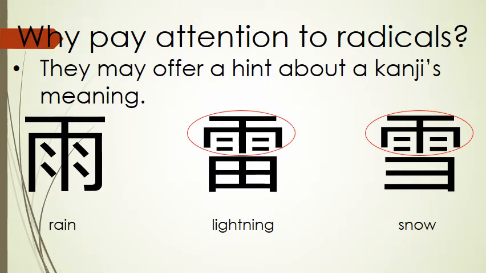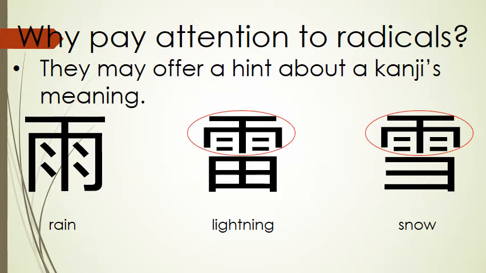And a few examples of this, we have our 3 kanji here. We've got our kanji for rain, our kanji for lightning, and our kanji for snow. And you'll notice that lightning and snow both include the radical for rain in there. So obviously there's a connection there. Lightning strikes usually when it's raining, and snow is basically frozen rain.